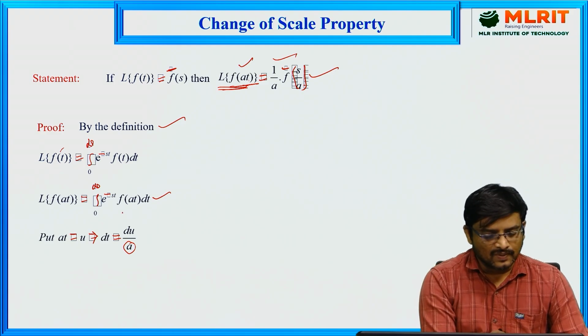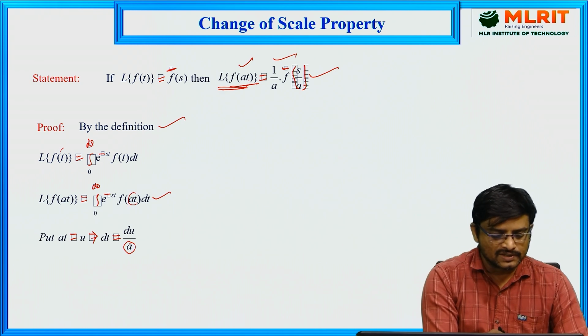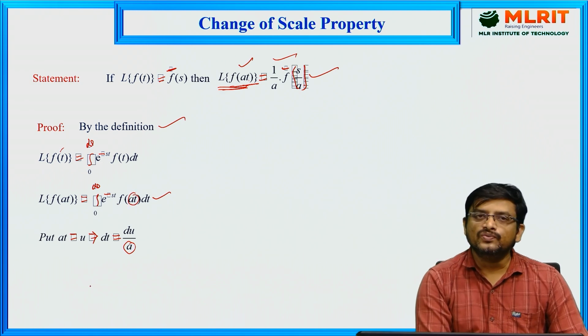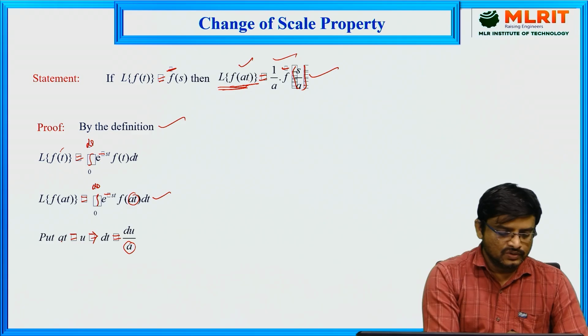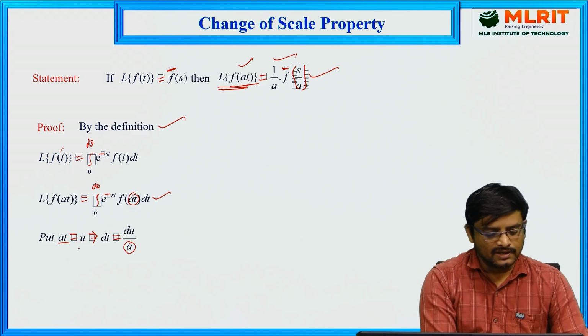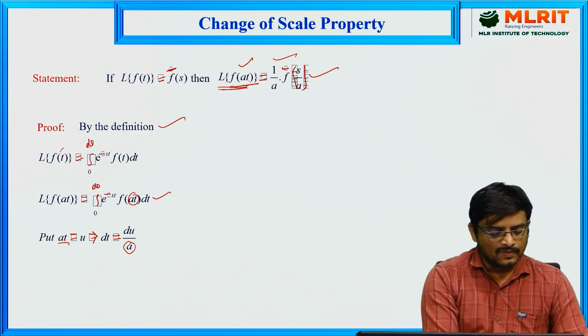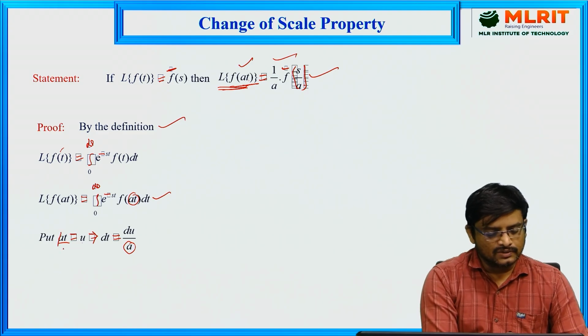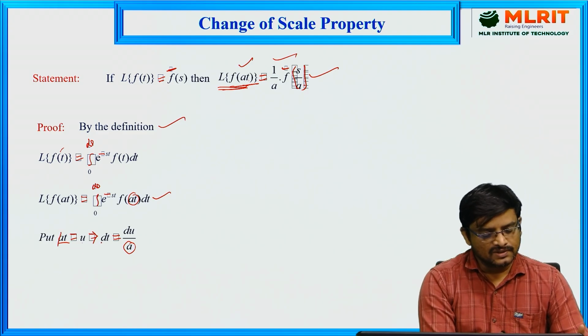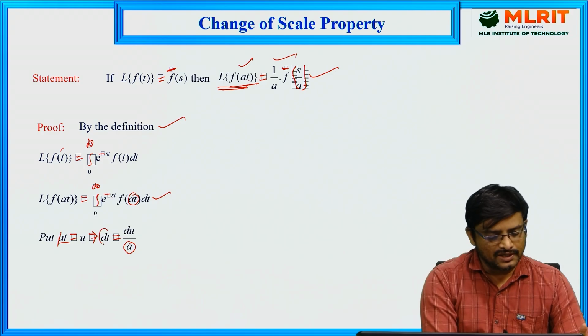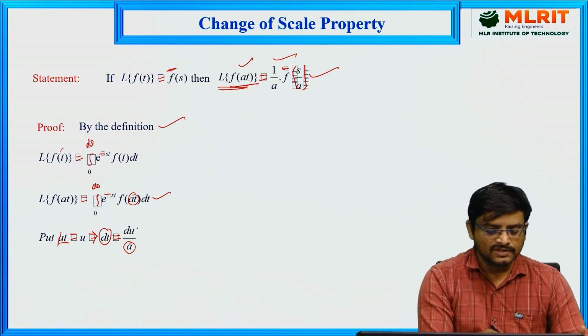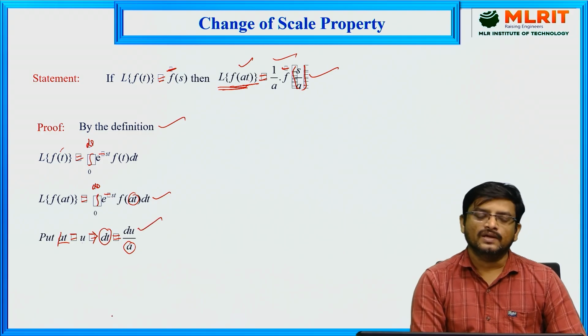So for that I want to replace that at with a new variable u. That's why I have taken at is equal to u. So apply the derivative on both sides. Here a is constant, so a into derivative of t is dt, equal to du. We want only dt, so take dt is equal to du by a.